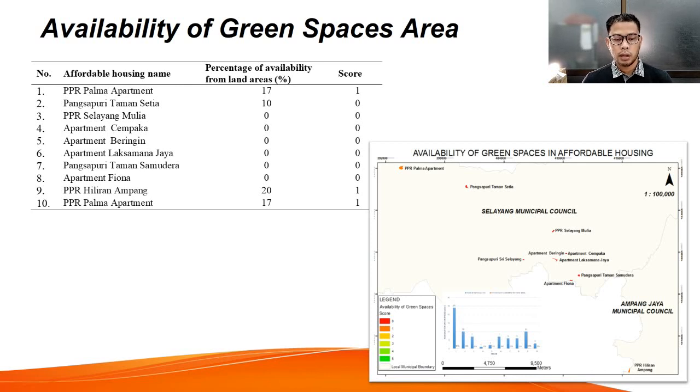We have 10 affordable housing, PPR Palma apartment and PPR Palma apartment. The percentage is 17 and the score is 1, which means they have less green area. So the score here is only 1 and 0.